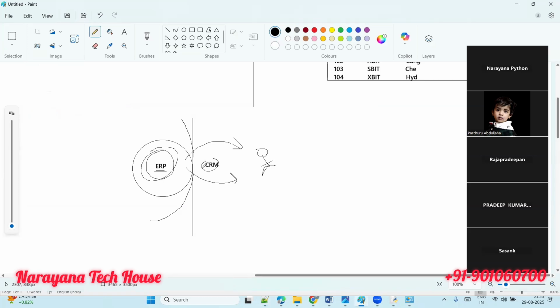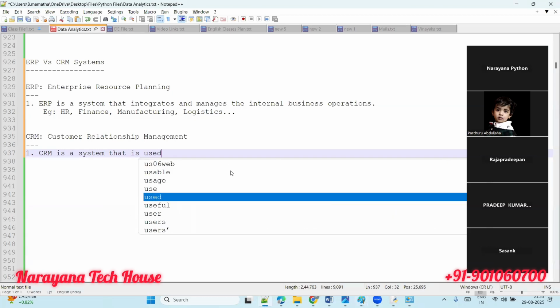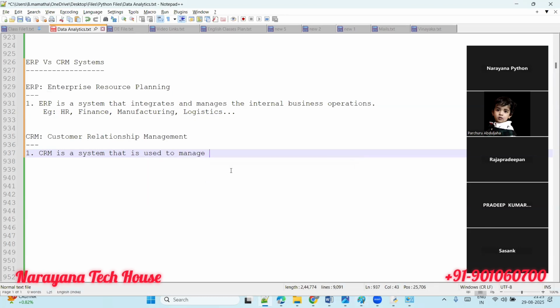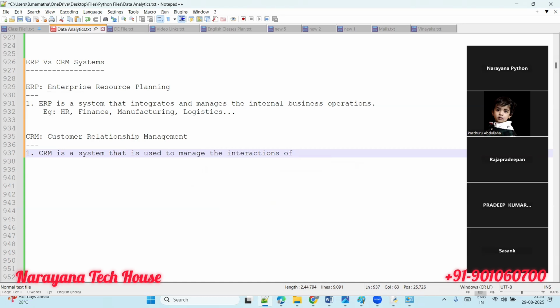So this system allows customer interactions, guys: customer data, customer complaints, customer interactions. It is used to manage the interactions with the customers, guys.